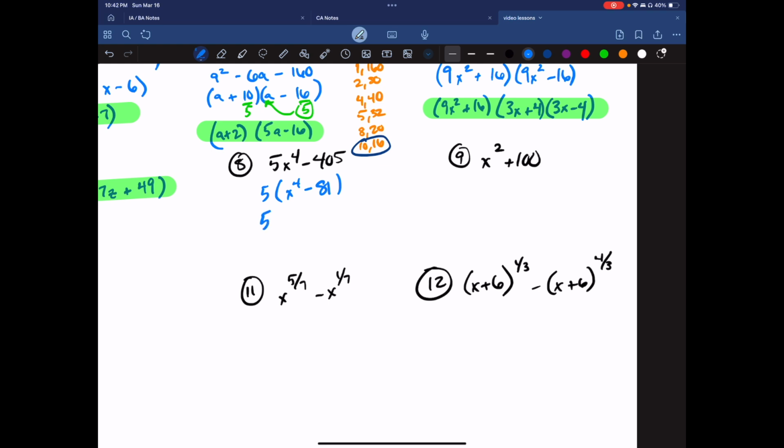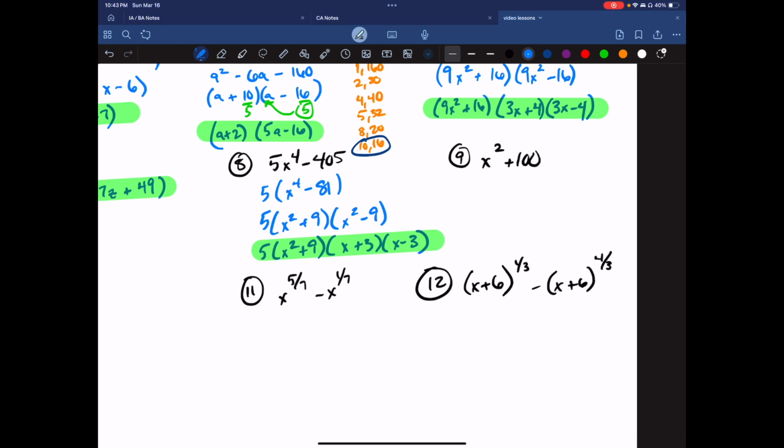If this is difference of two squares, this is going to be x squared plus 9. X squared minus 9. X squared plus 9 is going to come down. And then I'm going to have to factor this again because the x squared minus 9 is also a difference of two squares. So x plus 3, x minus 3. Okay. And that's that. You just keep factoring until you can't factor anymore.